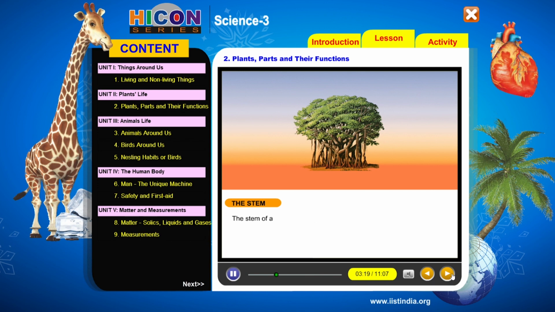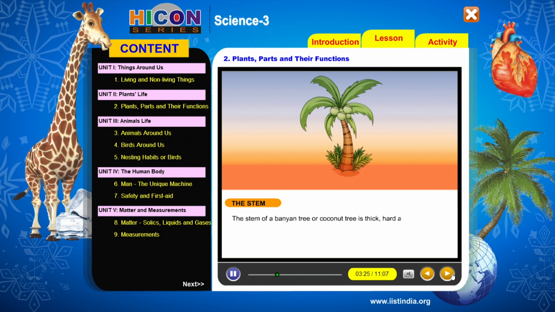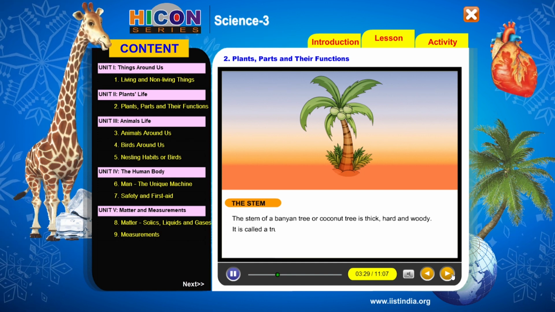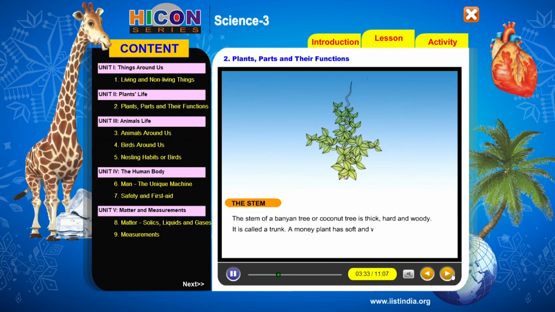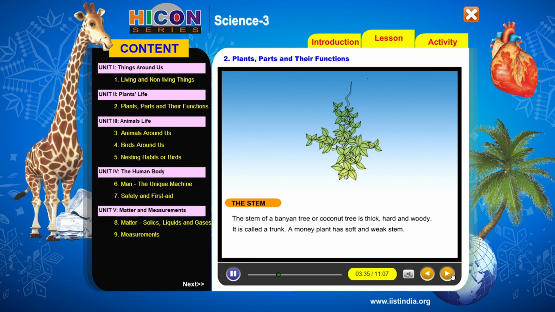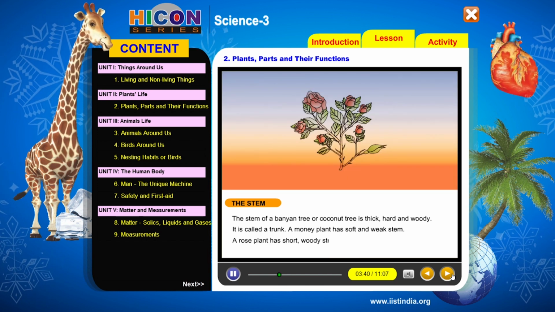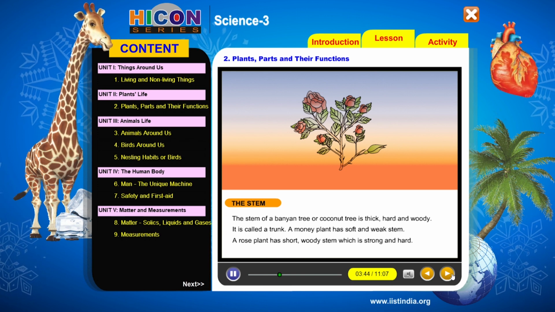The stem of a banyan tree or coconut tree is thick, hard, and woody. It is called a trunk. A money plant has a soft and weak stem. A rose plant has a short, woody stem which is strong and hard.